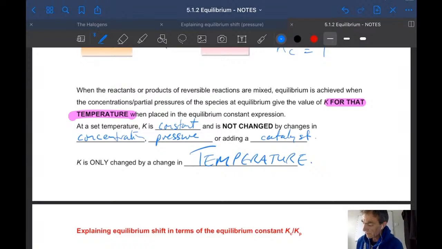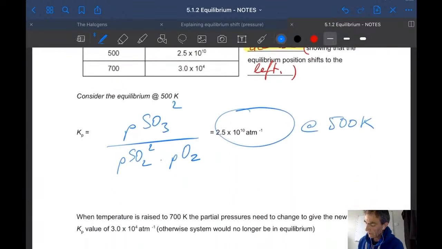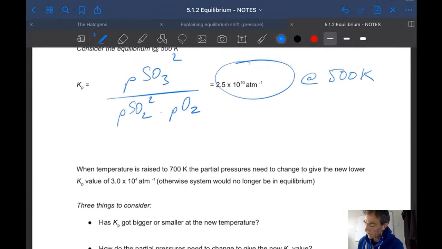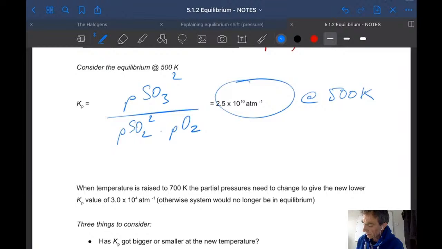So the equilibrium concentrations or the partial pressures have to achieve that K value. Okay, so we've gone from 500 Kelvin, where the Kp was 2.5 times 10 to the 10. We've changed the temperature to 700 Kelvin, and the Kp's gone to 3 times 10 to the 4.